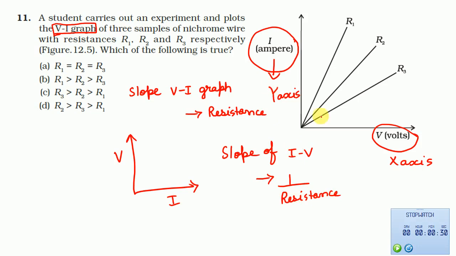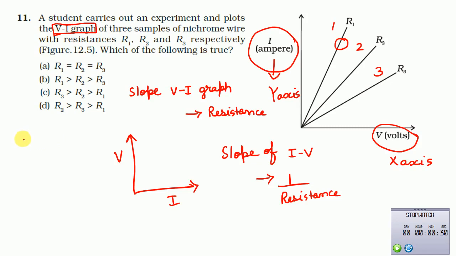So the maximum slope means the maximum value of the reciprocal of resistance. Here this line is closer to the y-axis, which is more inclined, it has more slope. So obviously the slope of this line, I am talking about line 1, 2, 3.